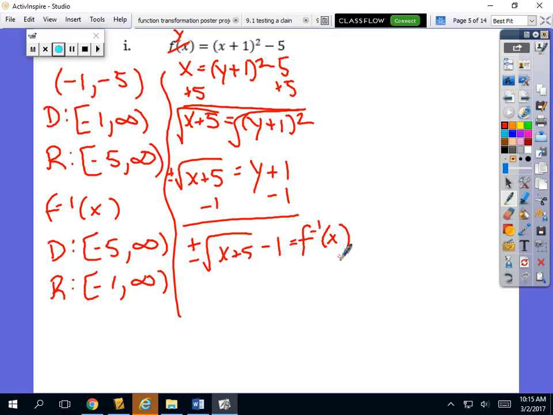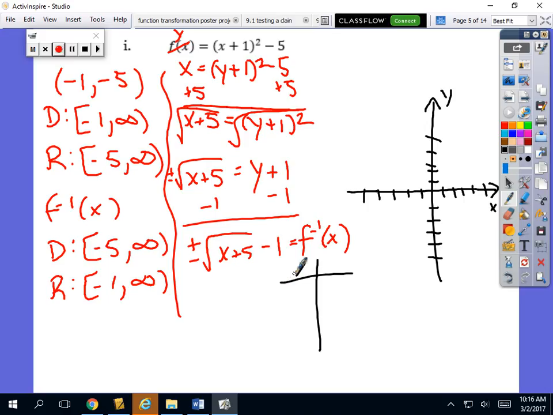Okay, so to graph this, I need a couple points on the function and on the inverse. Okay, so let's start with a vertex, which was -1, -5. Go up the x-axis to the next 2 points. So if x is 0, you get -4. If x is 1, you get -1.